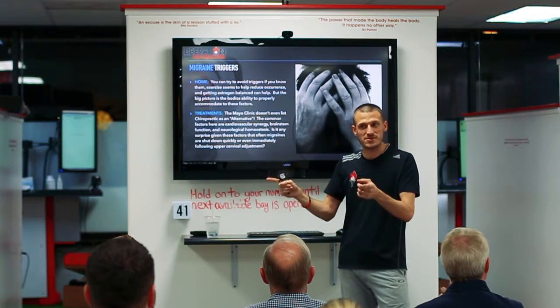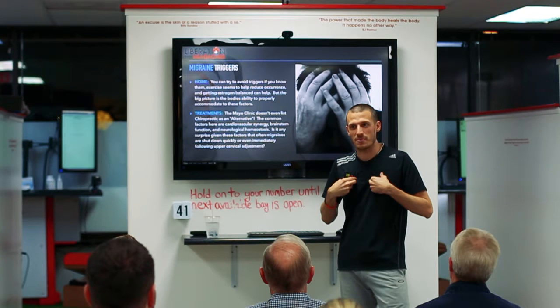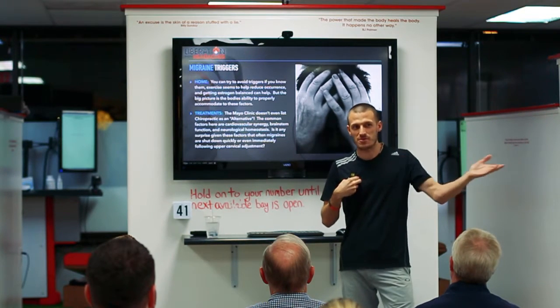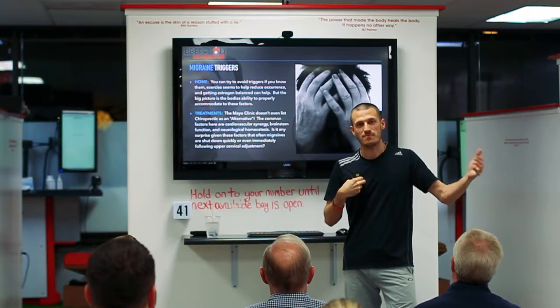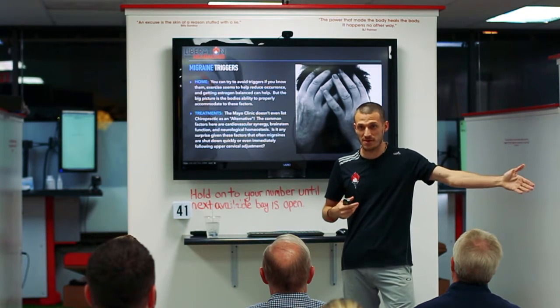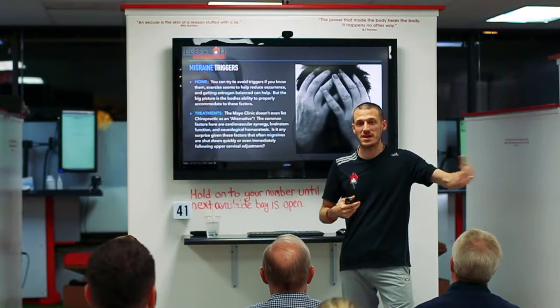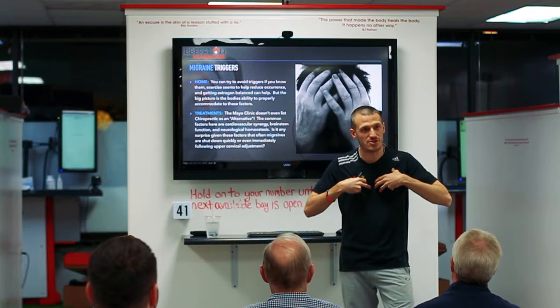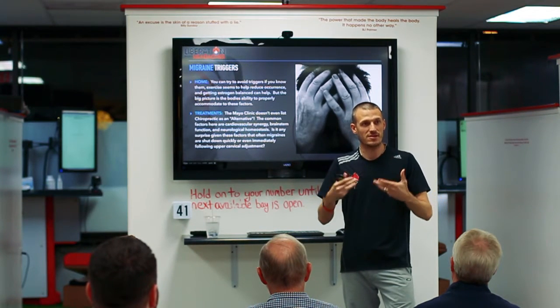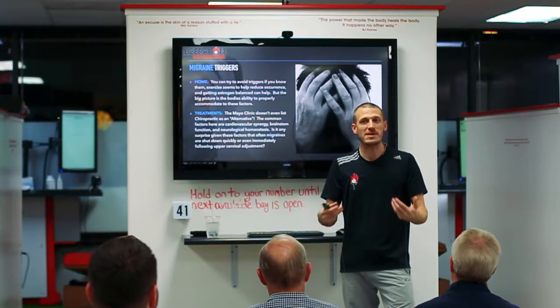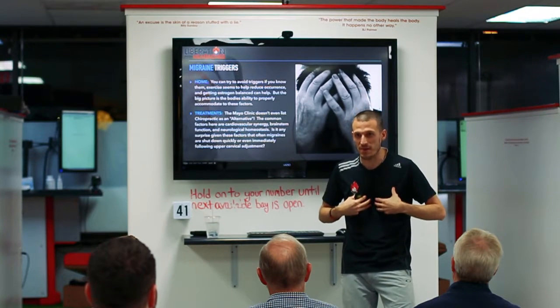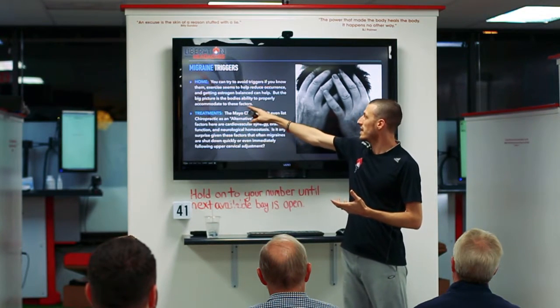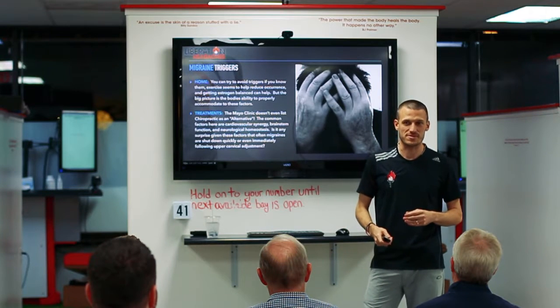But it's not the triggers that are the problem, because I may have a problem with them, but you don't. And the next 100 people in the line don't. So what is the problem? Is the problem the trigger? No, the problem is not the external factor. It's how my internal environment is regulating to that trigger. That means we need to work on the body's ability to regulate and accommodate for those external factors.